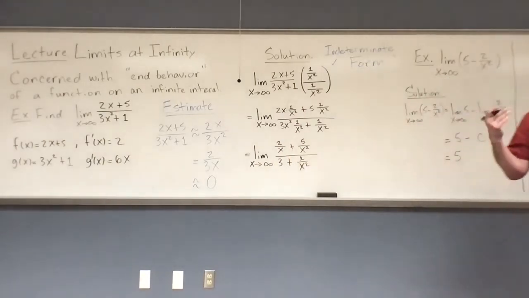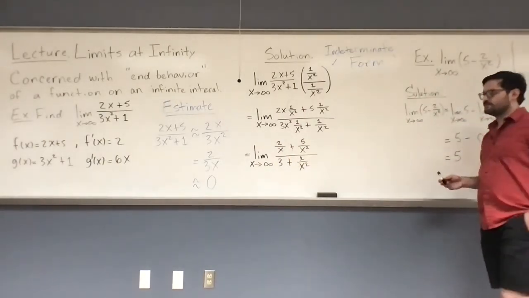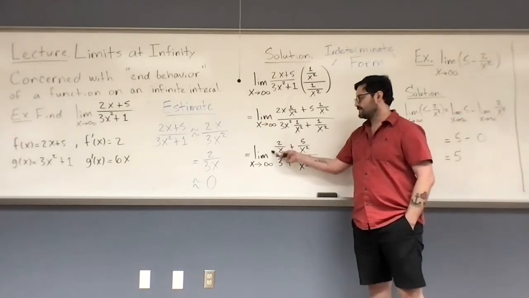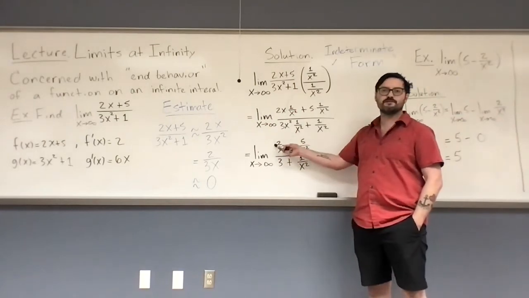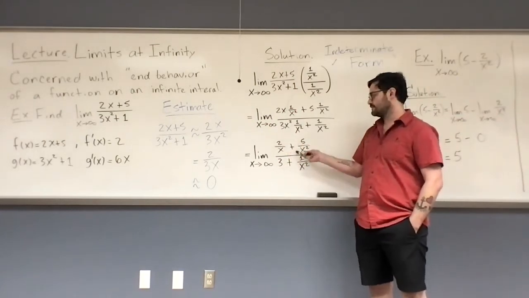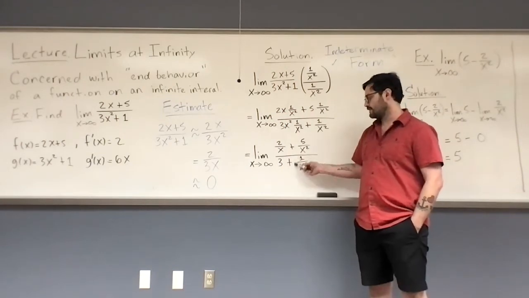And then that theorem that I wrote on the board earlier tells us what? It tells us that this goes to 0 as x gets really large. So does that, right? So does that.